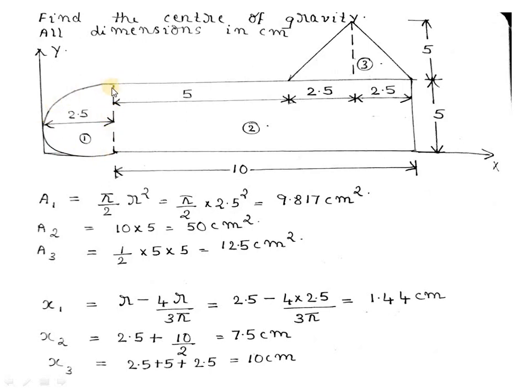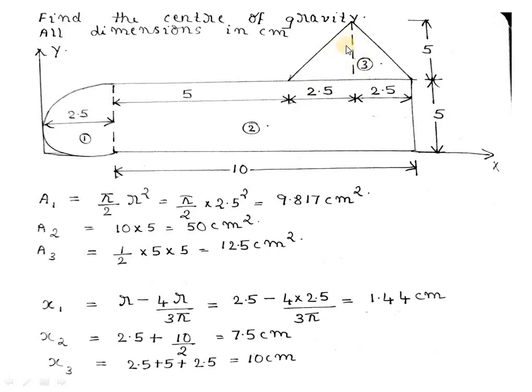Here the total height is 5 cm because this is the diameter of the circular section, so it will be located at this point. So y1 will be equal to 2.5, and y2 will be equal to 5 by 2, where the total height is 5 cm, so y2 is equal to 2.5.